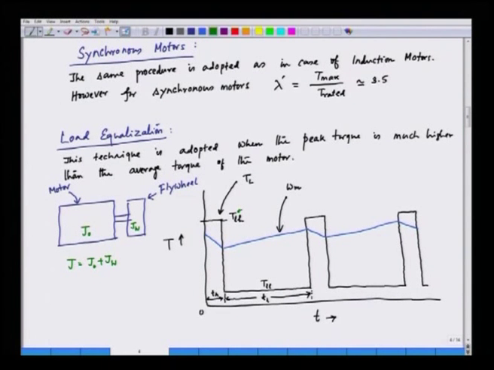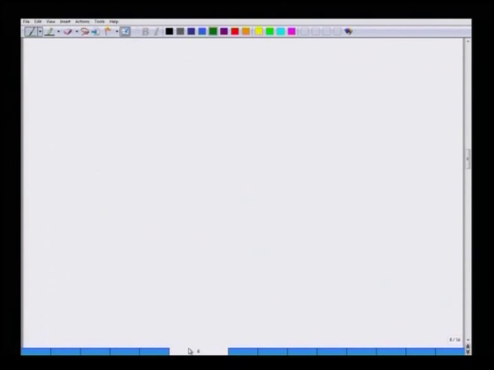And we choose a motor which has a drooping speed torque characteristic as follows. So, the motor is selected as follows. This is the speed torque characteristic of the motor, with speed on the y axis and torque on the x axis. It is linear, but drooping.